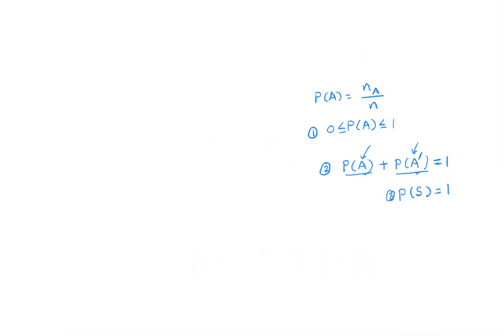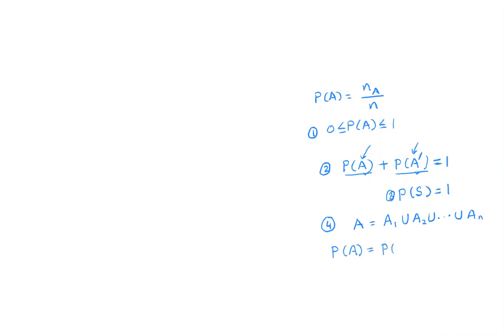Then number 4: if an event A is a collection of simple events, that means A is equal to A1 union A2 union ... union AN, then the probability of A is the same as the sum of the probabilities of the individual events.